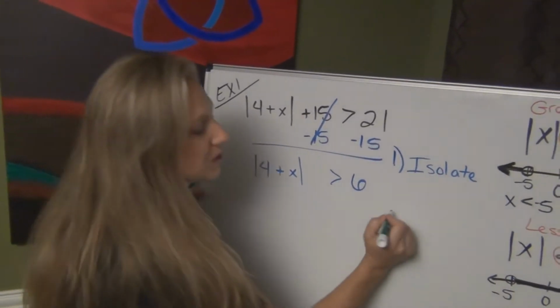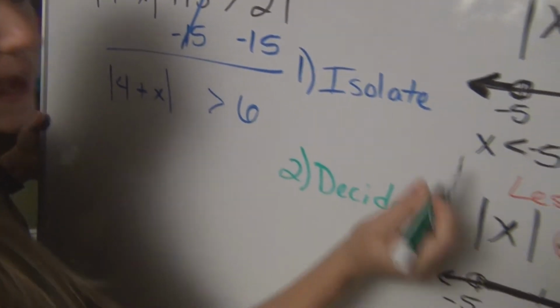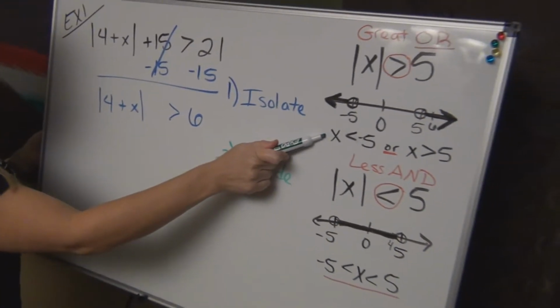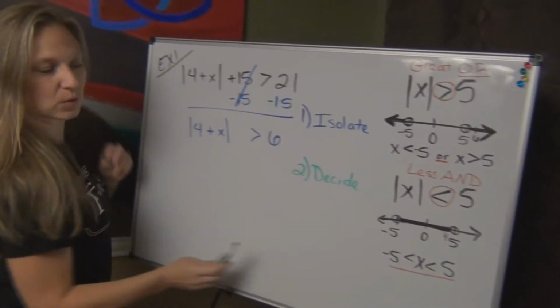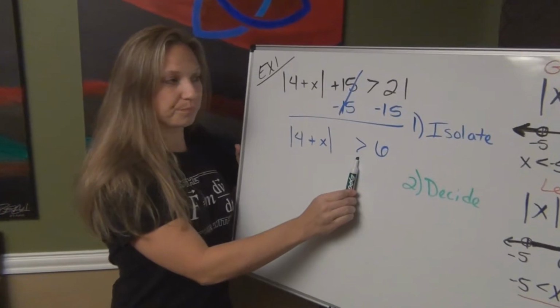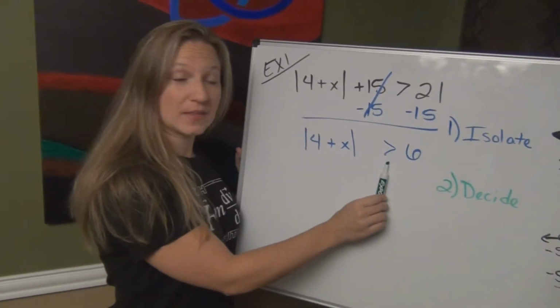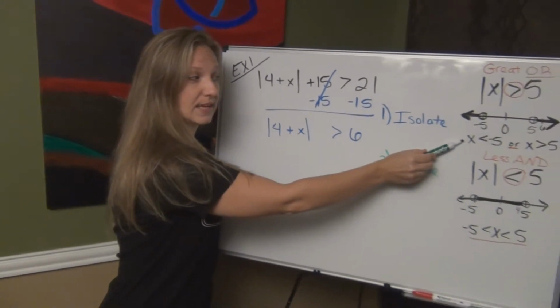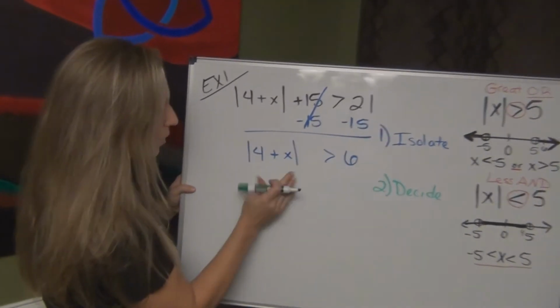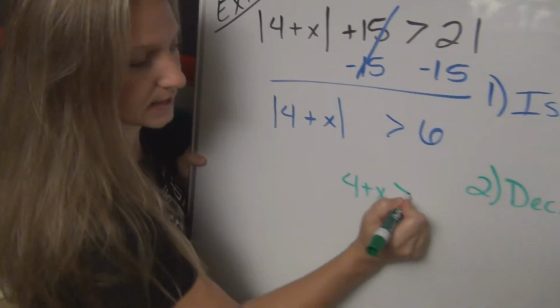The second thing we want to do is decide which case, the greater than or the less than format, that we're going to end up doing here. So I look at my symbol. I have a greater than symbol here, so that tells me that I'm going to have my setup like this. I'm going to take my first scenario, 4 plus x.